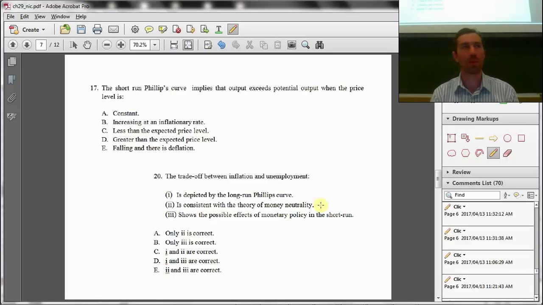Anyone remember what that means? No? Okay. So money neutrality means that when you change the money supply, it has no real effect. The only thing that a change in money supply does is change price levels.